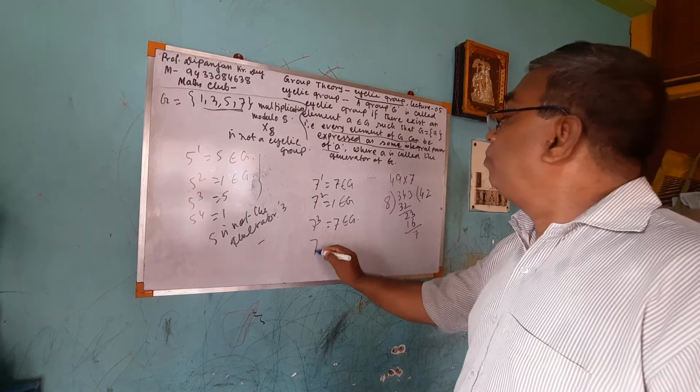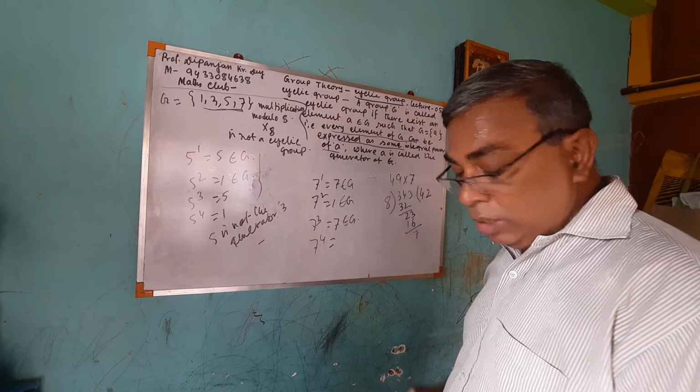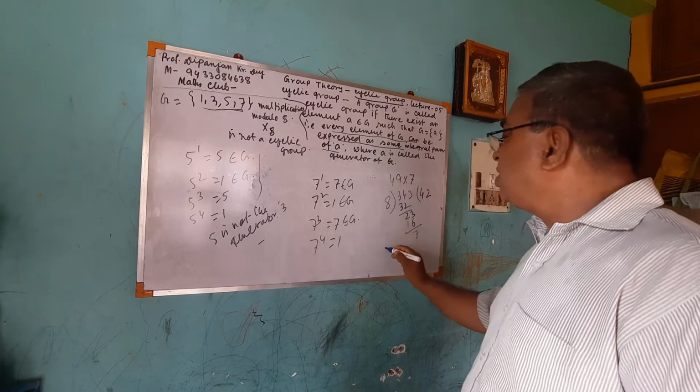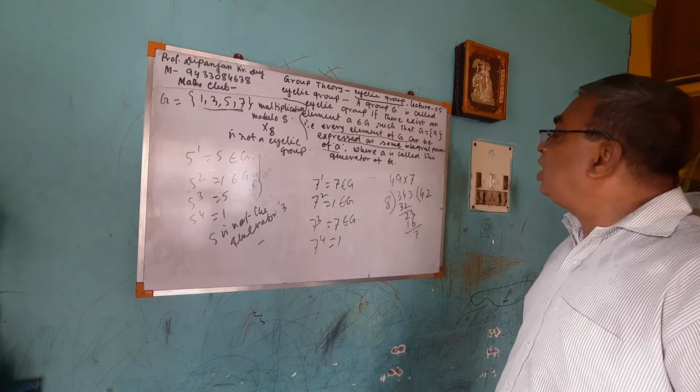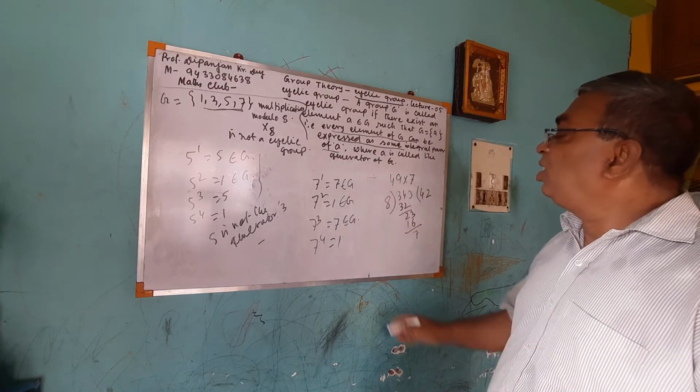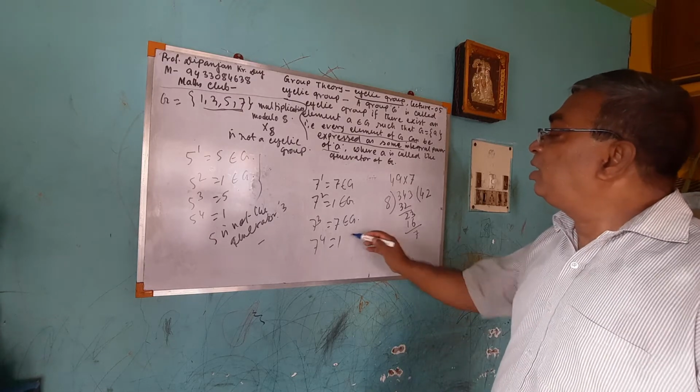Then 7 to the power 4, then you will get 1. Similarly, 49 into 49, divided by 8, you will get remainder 1.